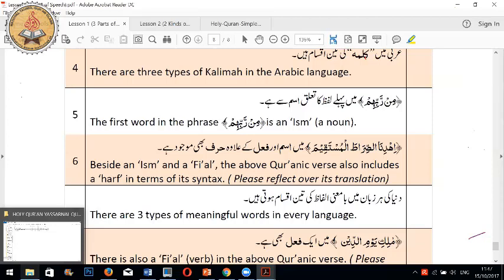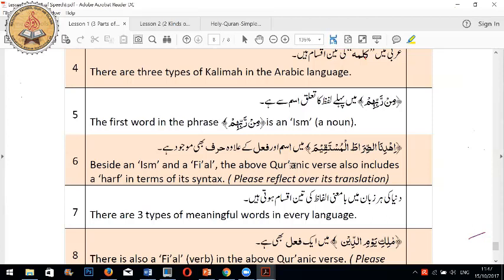As-sirat, the path, al-mustaqim, the straight, the right. My statement is that beside an ism and a fi'l, the above Quranic verse, Ihdina as-sirat al-mustaqim, also includes a harf in terms of its syntax in the text. Please reflect over its translation.